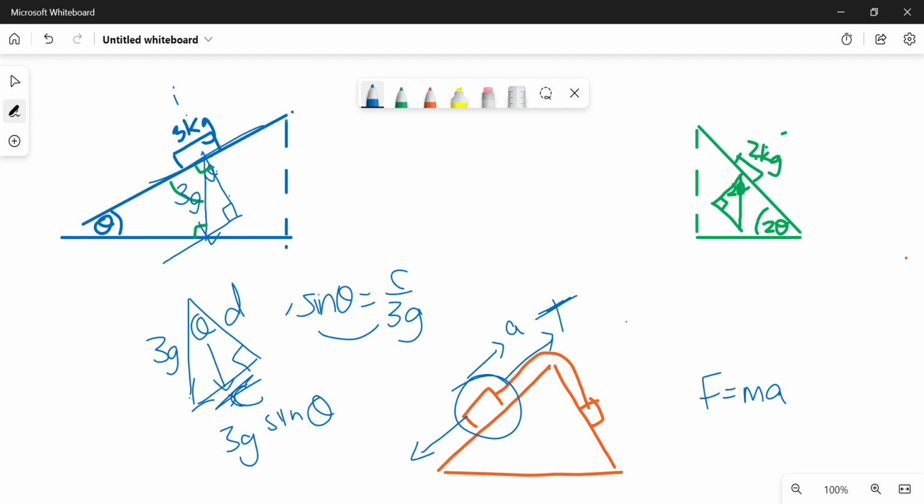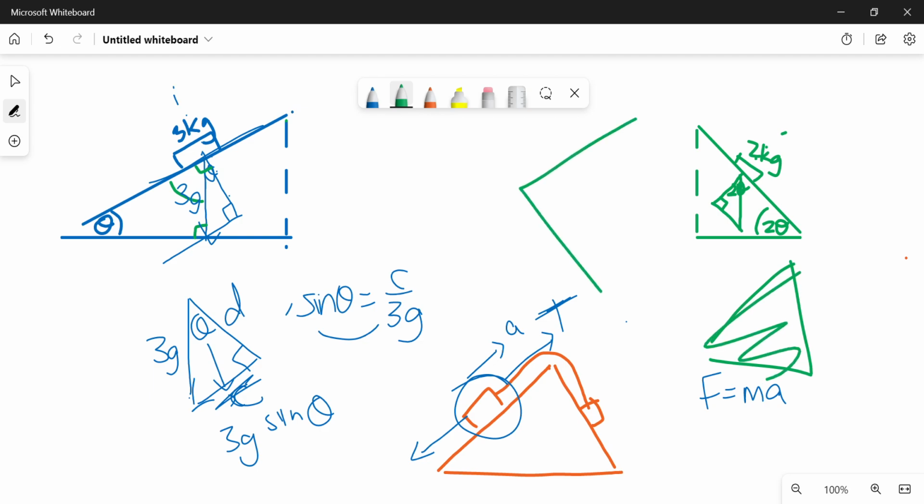So I usually just go, if I'm looking at the green one here, okay, where's my 90 degrees? It's over here, and there's my 2 theta. And I know this is 2g because it's mass times gravity going down.